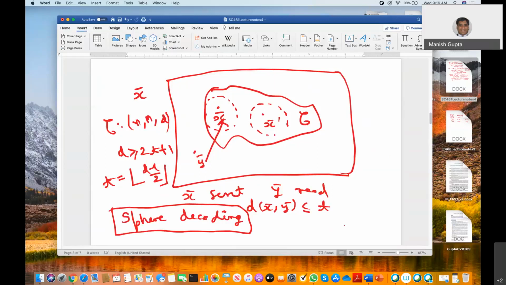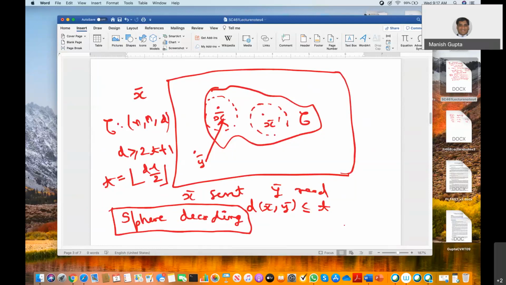These spheres are disjoint. X is sent from any sphere's center, and Y is received. If t errors occurred, Y will fall into one of the spheres, because the distance between X and Y cannot exceed t. So it will fall in the sphere which has X as its center. So now we say that the center is the actual code word that was sent. This is how we correct the errors.